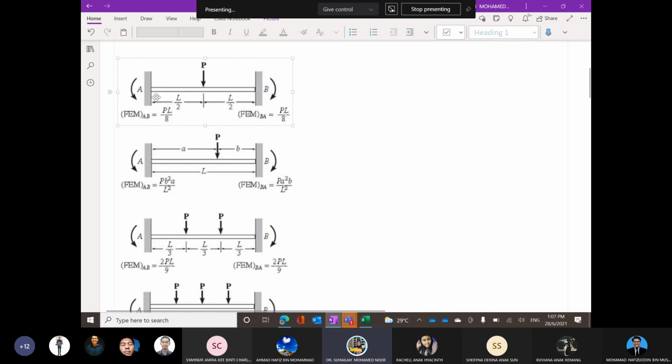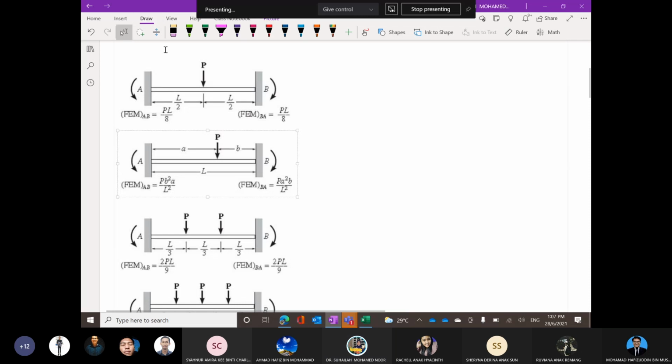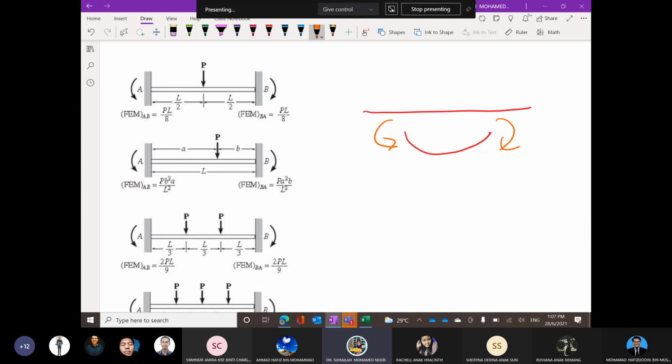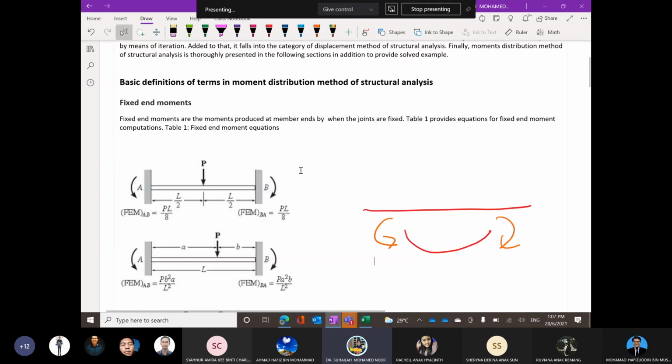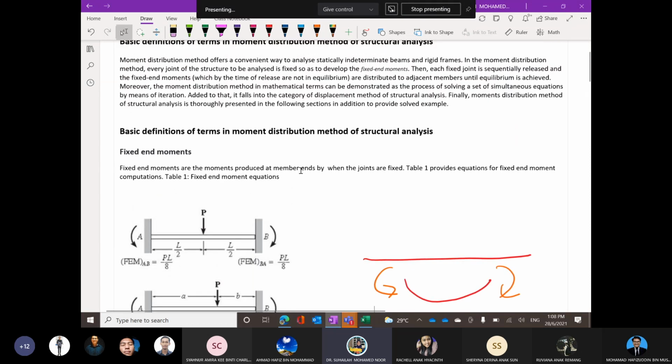By looking at the diagram, we can see that the direction of FEM is based on the behavior, because whenever the beam is loaded, the beam will bend, so the moment will push both ends so that it will move back to its original position, which is the straight position. This is about the fixed end moment.